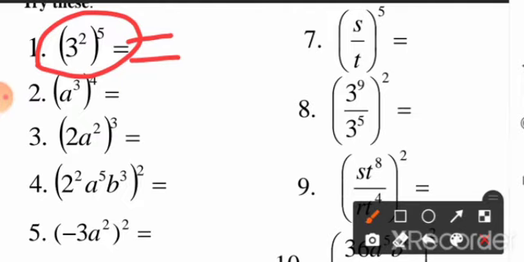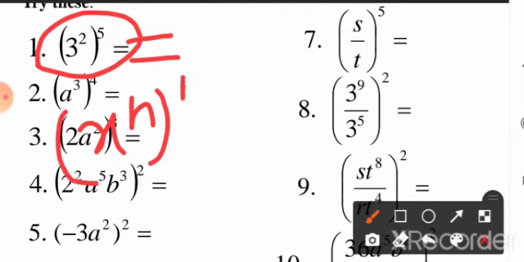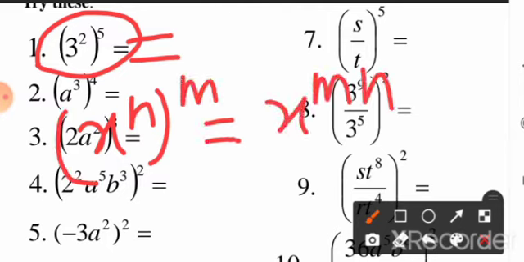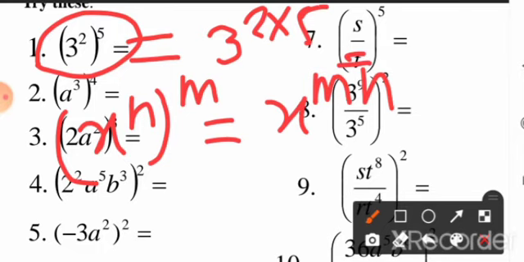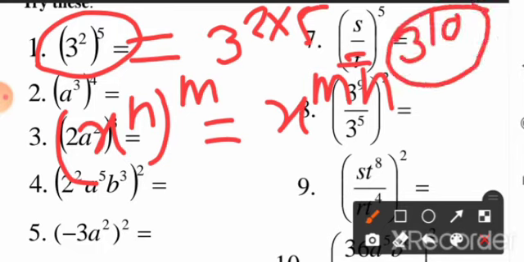First, using the law of exponent, (x power n) whole power m is equal to x power m into n. So you can write now directly 3 power 2 into 5. The answer will be 3 power 10. So the first question solution is 3 power 10.